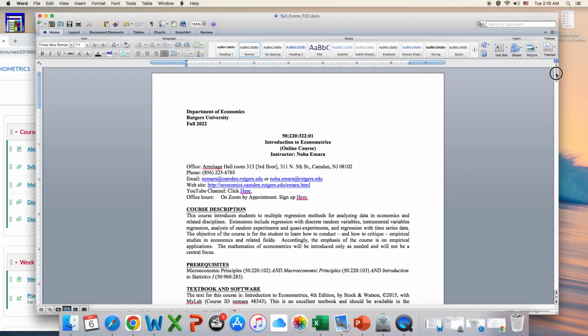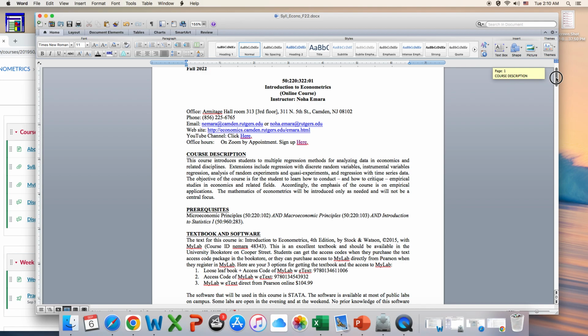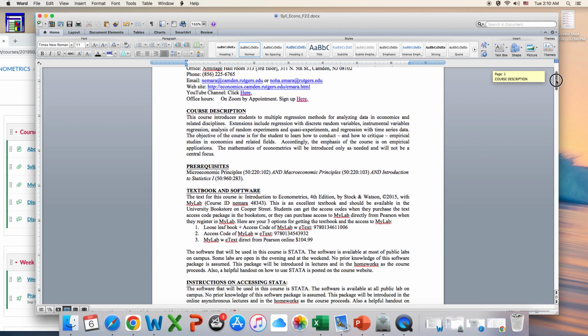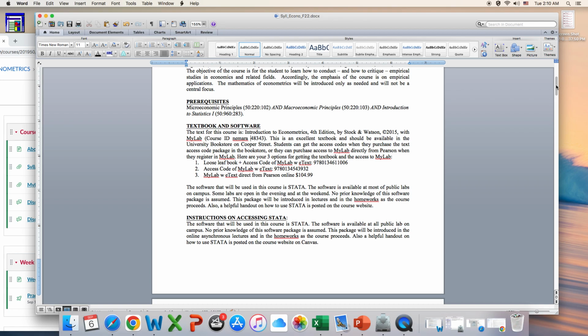The course description, as I said, is an extension of the foundation course. Everything that we have mentioned in the foundation course is just the basis for this course. So this course is the expanded version of the previous one. The textbook that we are using is Stock and Watson. We have different versions of the textbook, so choose any of these options.